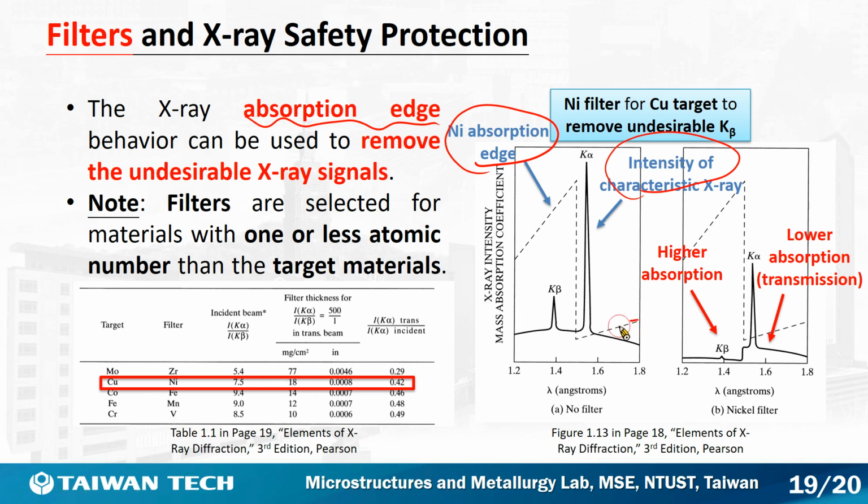Because we have decreasing wavelengths here, after this point there is a very large absorption of the signal. So we see that the intensity here will be very, very low because the nickel absorber shows a very high effect for absorption. But here, because there is no absorption edge, the absorption coefficient is small.